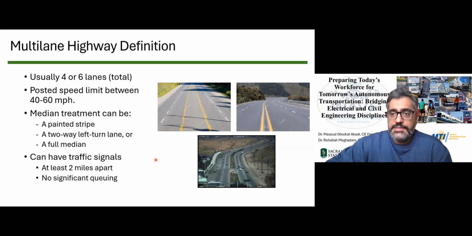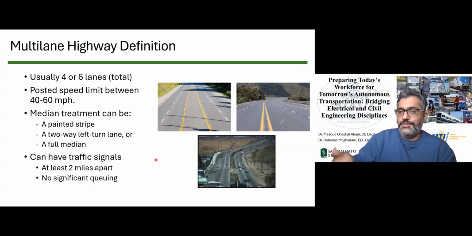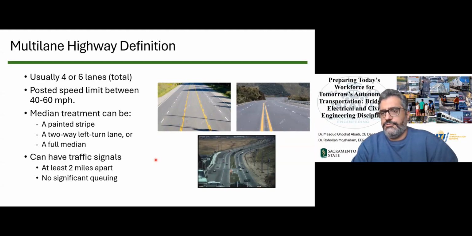But the important thing is that we are still talking about uninterrupted facilities. These traffic lights should not create queues in the system such that they will turn into interrupted facilities. They only may exist because of safety issues.